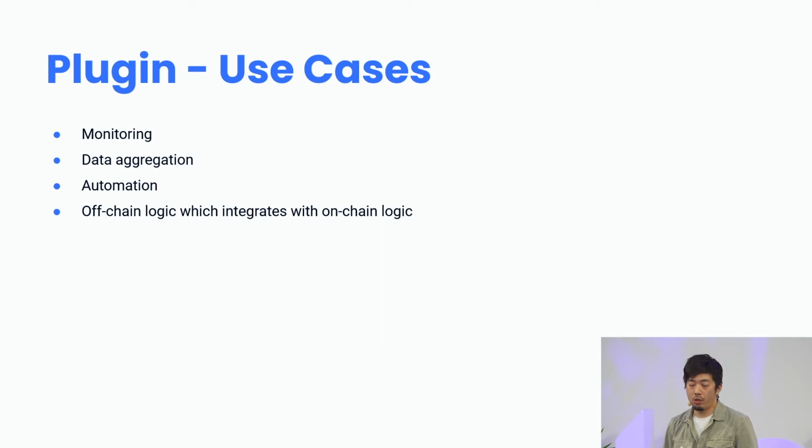We can do automation, something like what we do in the report misbehavior plugin. But what's more interesting is that we can build something like an Oracle. The plugin can observe other web services or systems and calculate the new data, and then send that data to the blockchain through a transaction.